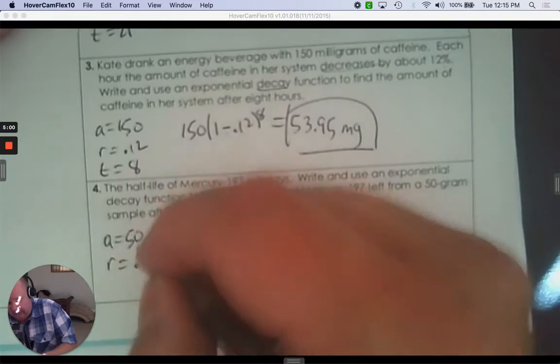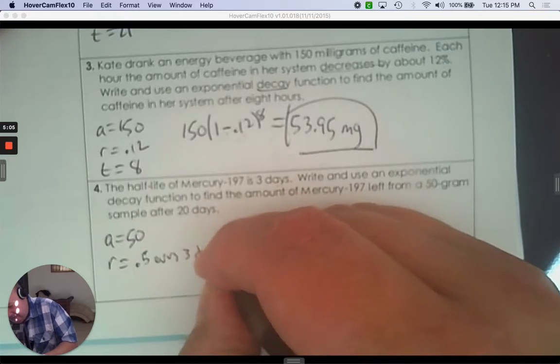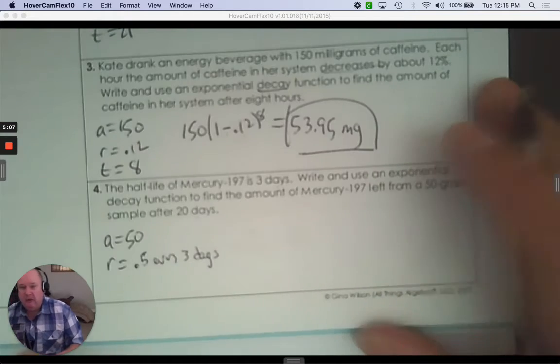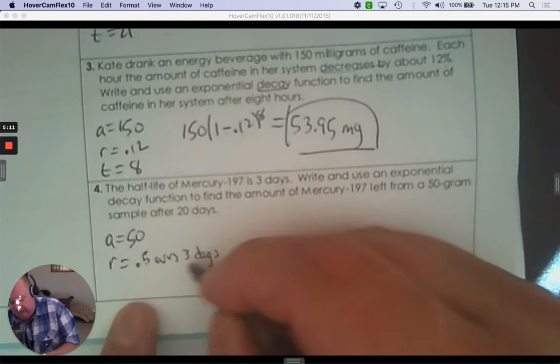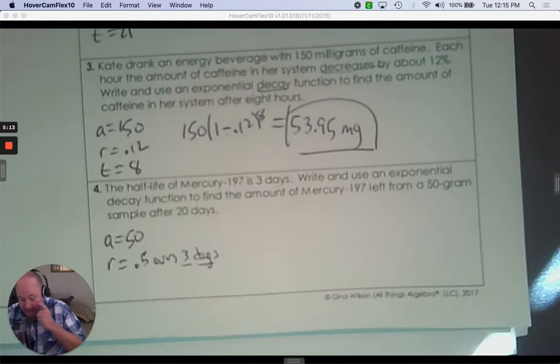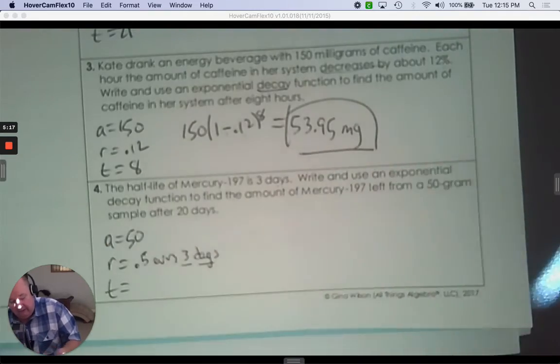What's a better way to write this? So this is what we're going to do. I'm going to use 0.5, but I need to understand it's every 3 days, not every day. Oh, and the time we're using is 20 days.